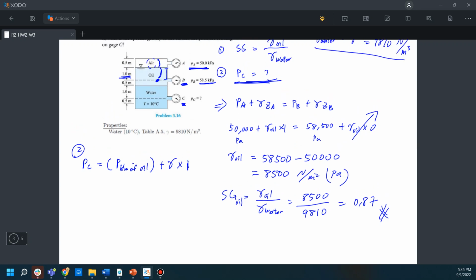So we want to calculate the pressure at this point, which is equal to the pressure at the bottom of the oil at this point plus the specific weight of water times the height here, which is 1 meter.